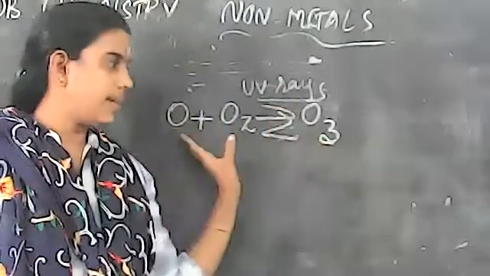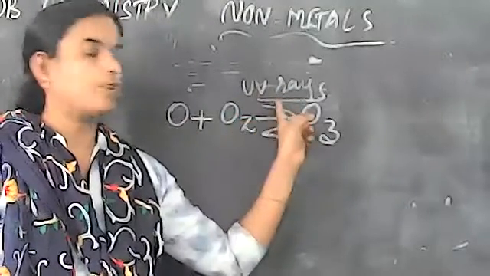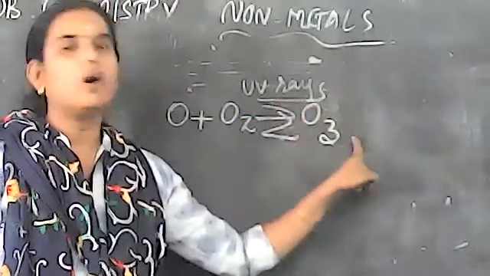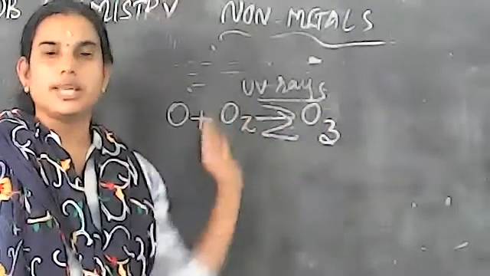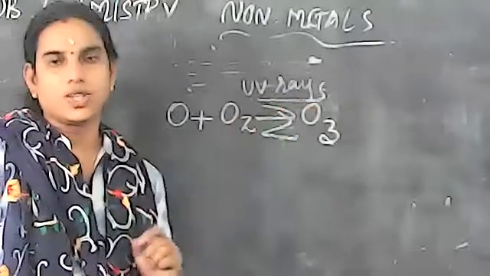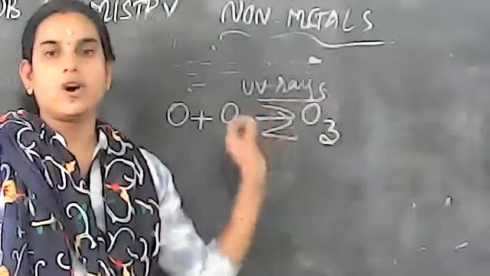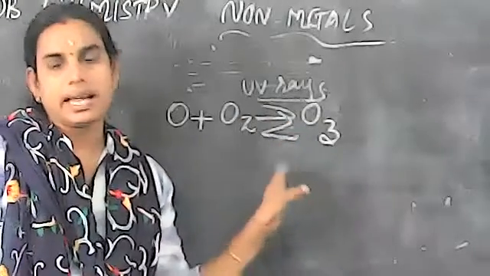So they combine by absorbing energy from UV rays to form ozone, and again this ozone is converted into oxygen with the help of absorbing energy. That's why ozone remains constant in the atmosphere.